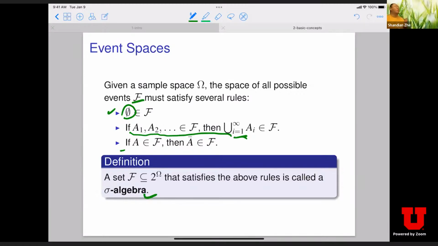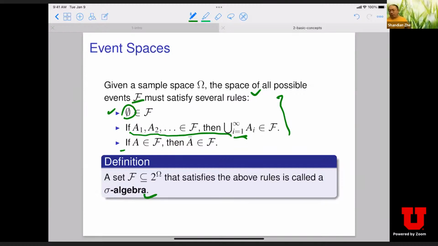And the third one is called complement. If A is in your F, then the complement of A must be in F as well. Only when you construct your event space following these three properties do you get the nice property that you don't need to worry about any contradiction and paradox.